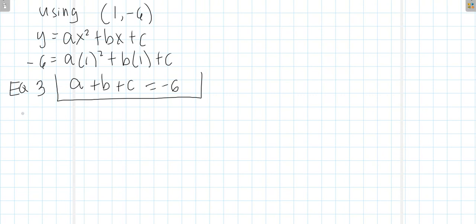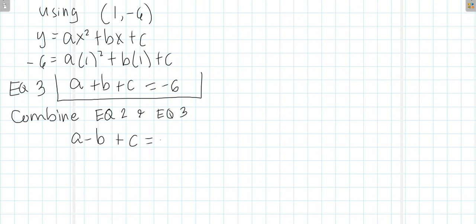Now you're going to combine equation 2 and 3. Equation 2 is a - b + c = -6, and a + b + c = -6.